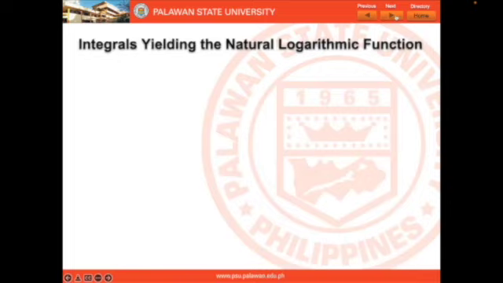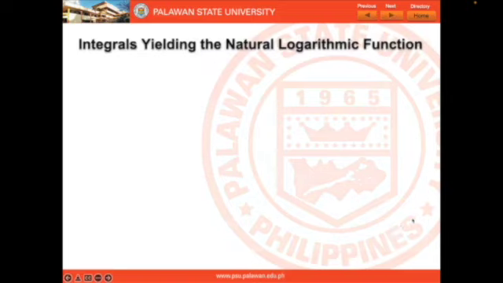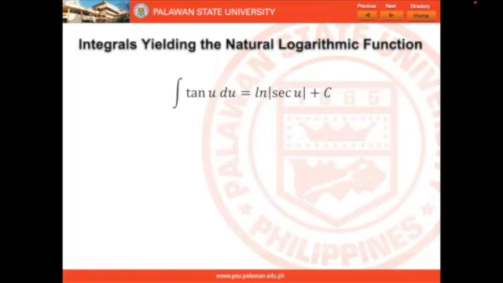For this slide, we will just introduce the integrals which yield natural logarithmic functions. So here are the theorems and the equations. If we have the integral of tan u du, it will just be equal to ln of the absolute value of secant u plus the constant of integration.